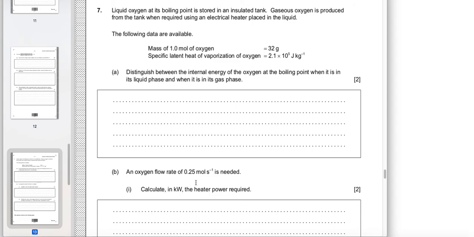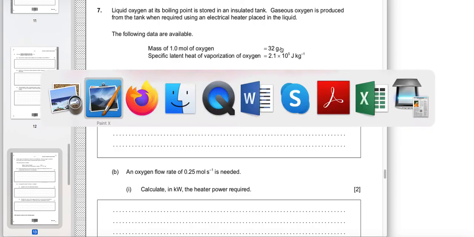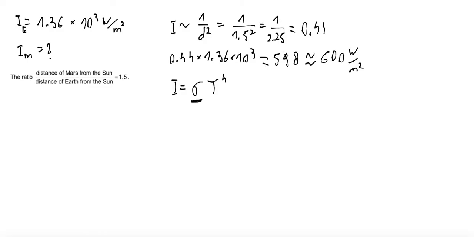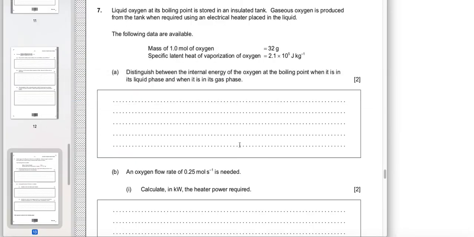We need 0.25 moles per second. 0.25 moles means that we have 8 grams, since 1 mole has 32 grams. So we need 8 grams of this oxygen, and the specific latent heat of vaporization is given.